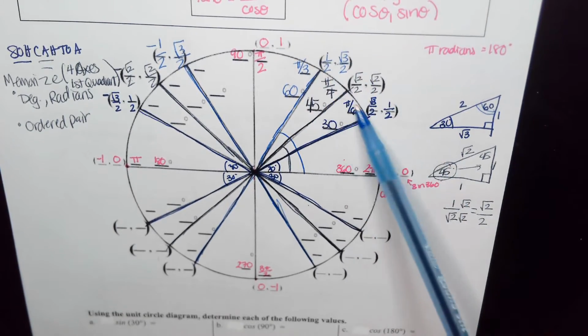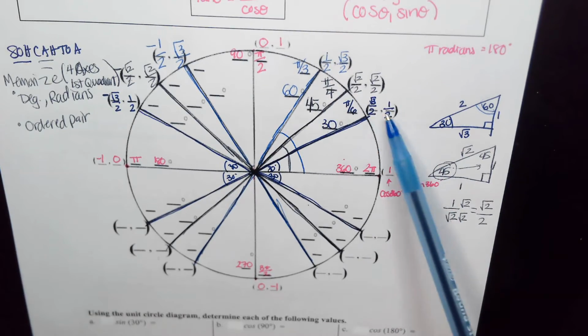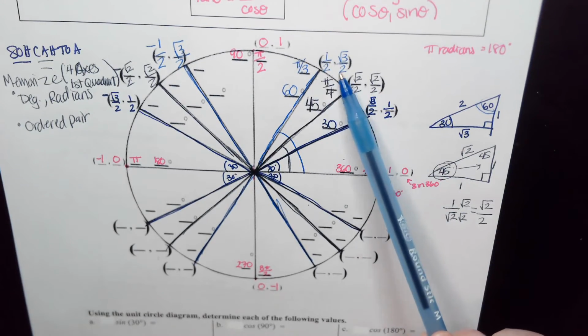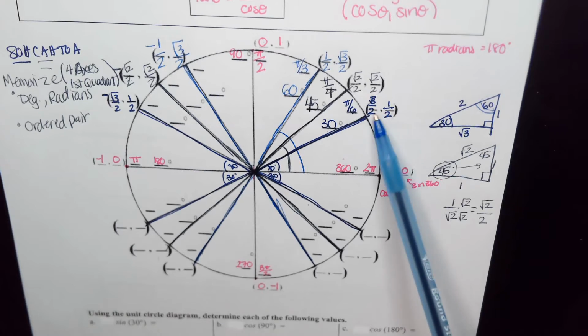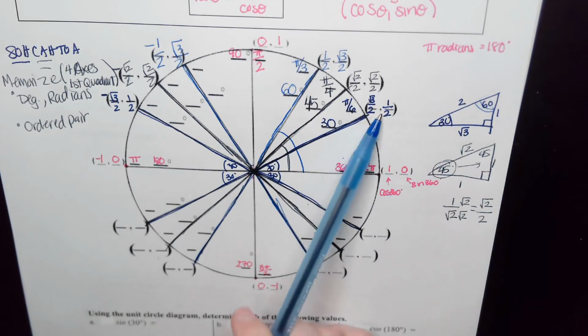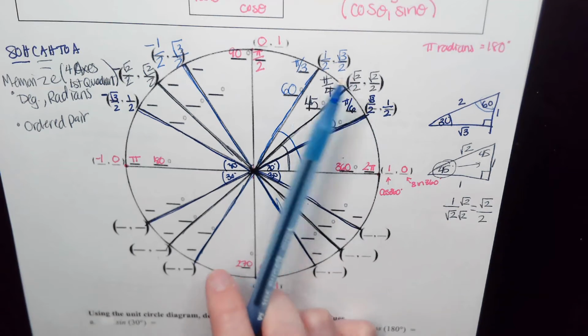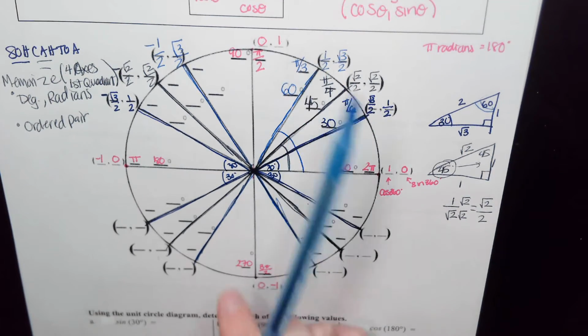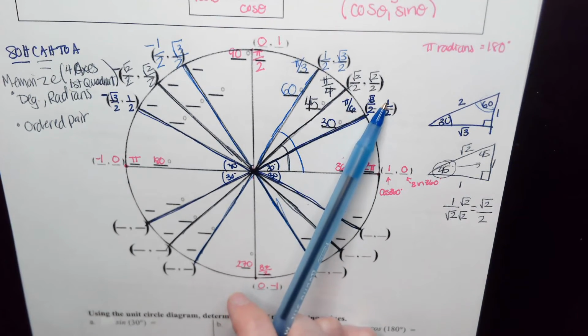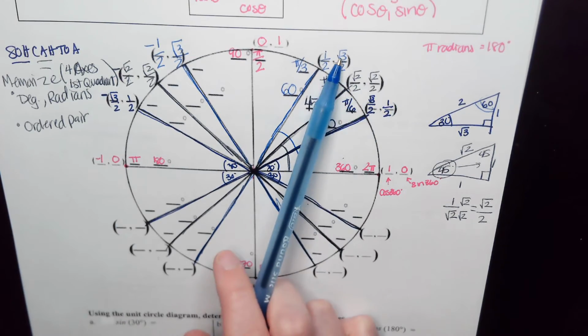Then with these, looking at your ordered pairs here, notice they all have a 2 in the denominator. Every single one, all 6, have a 2 in the denominator. Then if you look at just the x coordinates, as you go up, it's rad 3, rad 2, rad 1, which is just 1. Here, it's rad 1, which is just 1, rad 2, rad 3.